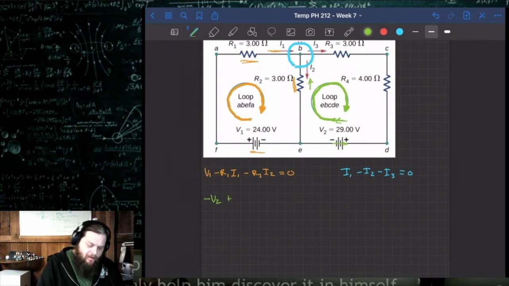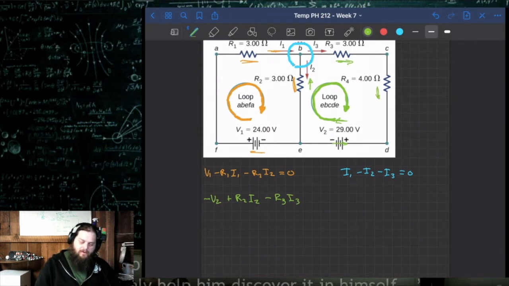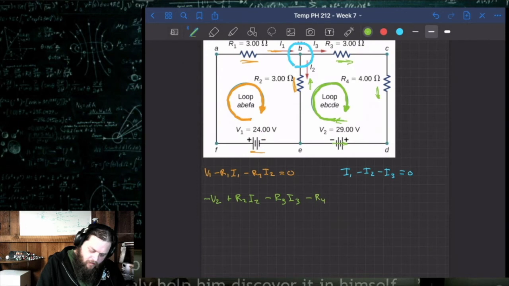So I'm adding R2 I2, and then going this way across here, that's the same direction as my current. So I'm going to subtract R3 I3. And then going down this way, we're still on I3 current. There's not a different branch here, but we have two resistors along there in series. So this is going to be a minus R4 I3. And that's all going to equal 0.